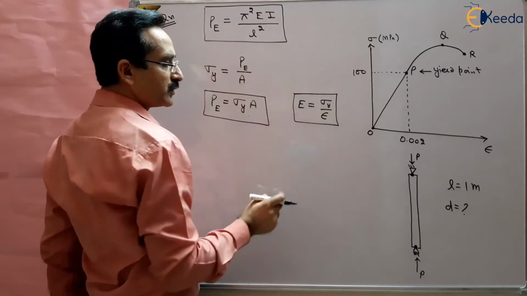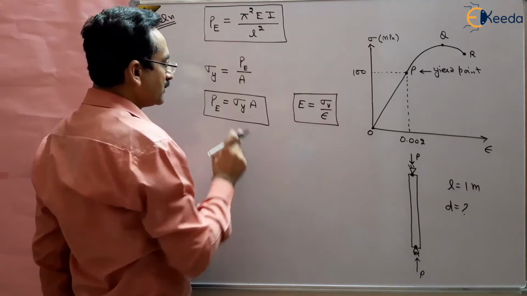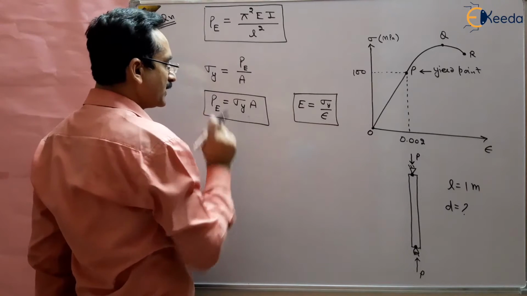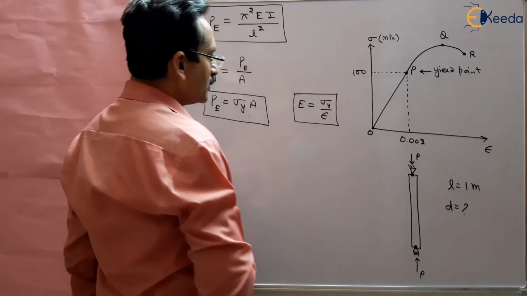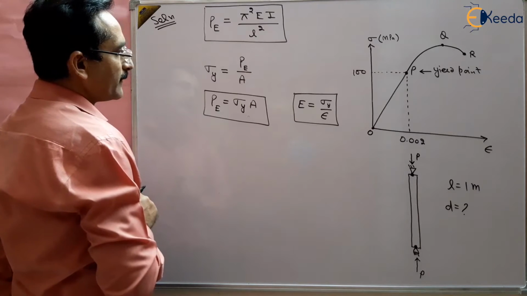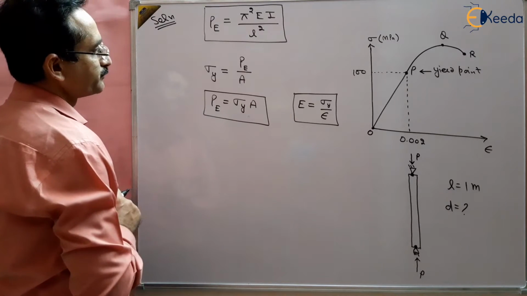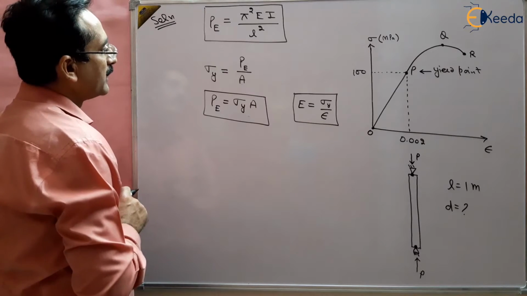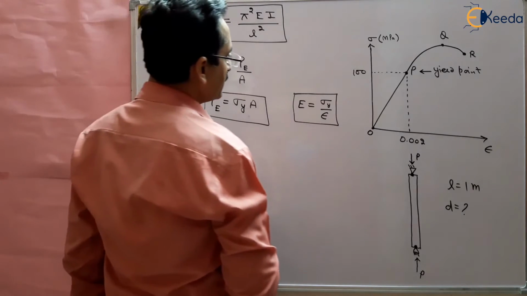L is given to us, I we can find out, sigma Y we know, area we now know. So from here we can also simplify.